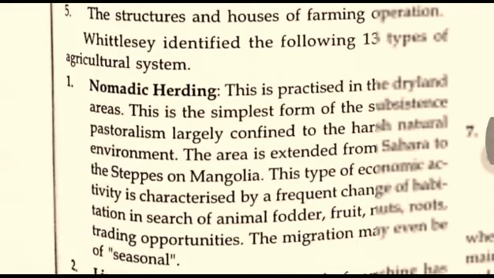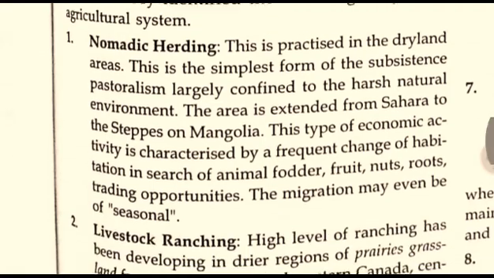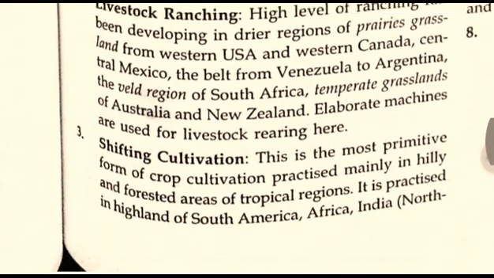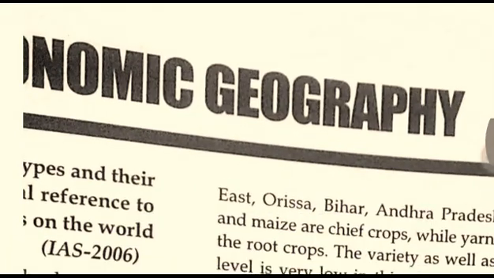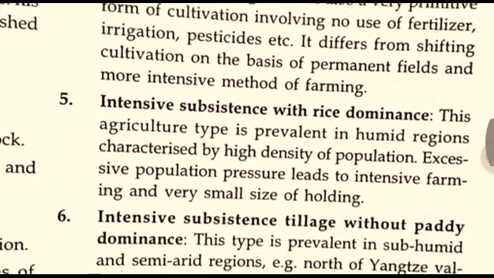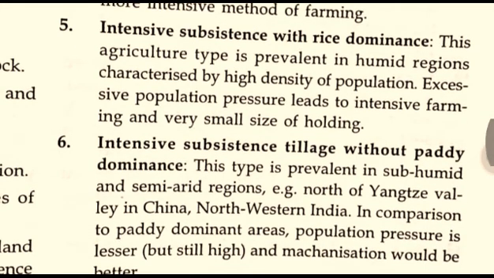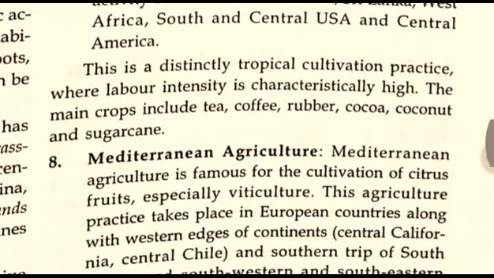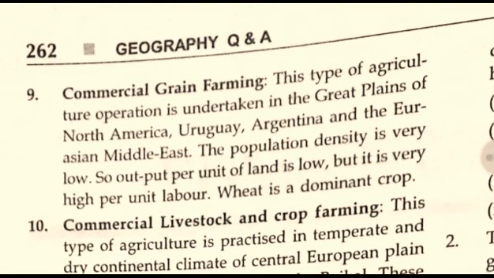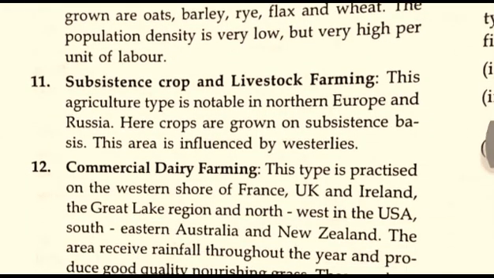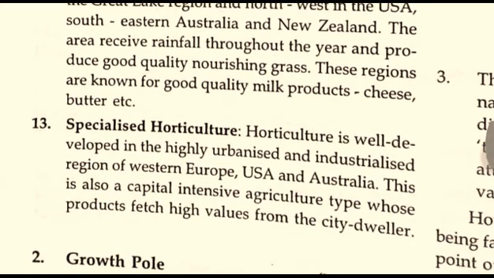Please remember that Whittlesey identified 13 types of agricultural system: nomadic herding, livestock ranching, shifting cultivation, rudimentary sedentary tillage, intensive subsistence with rice dominance, intensive subsistence tillage without paddy dominance, commercial plantation agriculture, Mediterranean agriculture, commercial grain farming, commercial livestock and crop farming, subsistence crop and livestock farming, commercial dairy farming, and specialized horticulture.